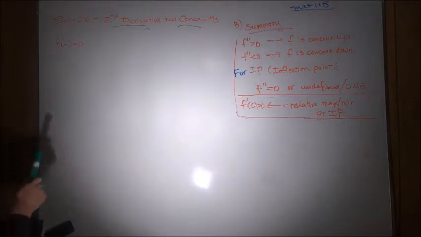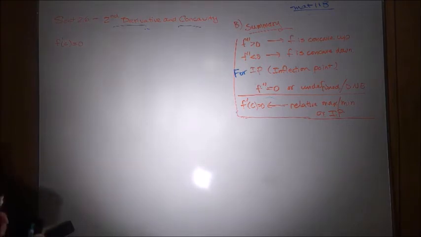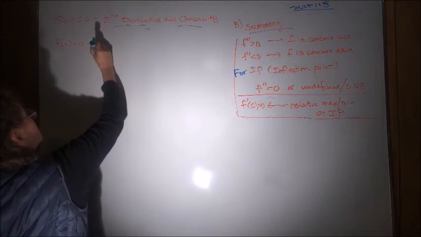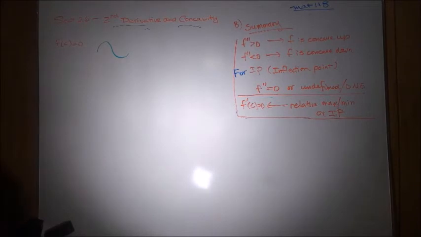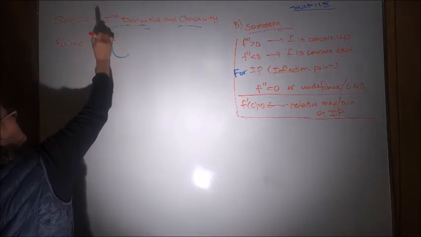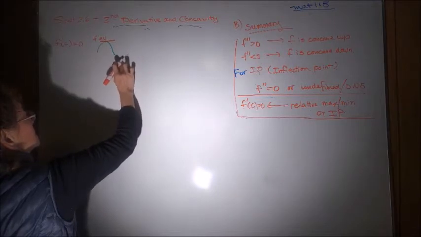We are talking about the first derivative and second derivative. Then see what kind of things will be used with f prime and f prime prime. So when f prime is 0, it's like this, right? And at this point of time, your f prime is 0. Or here, f prime is 0.